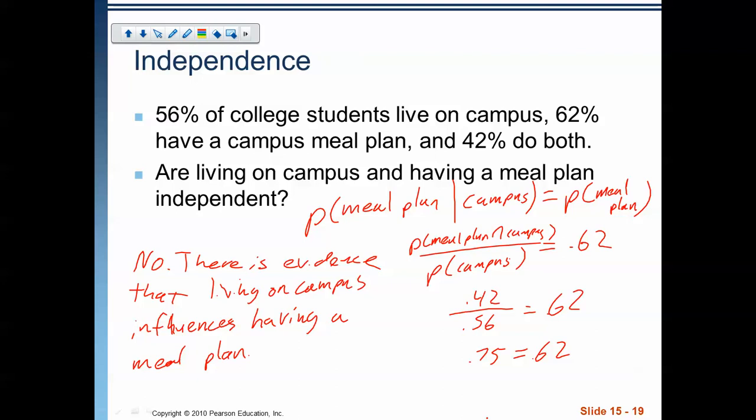And because that changes it, there's a lack of independence. You're more likely to have a meal plan if you live on campus. And honestly, it kind of makes sense in this case because most people who live on campus in colleges don't have a car. They have a bike, and it's not fun to go to the grocery store on a bike. So they tend to have meal plans because it's easier.